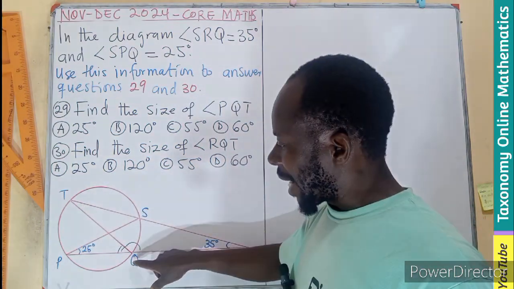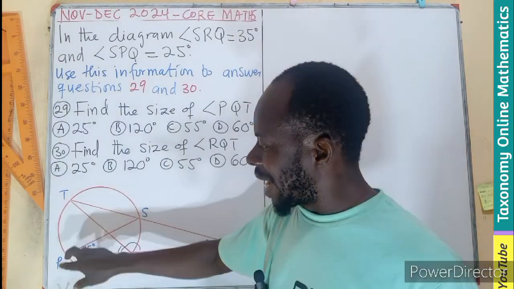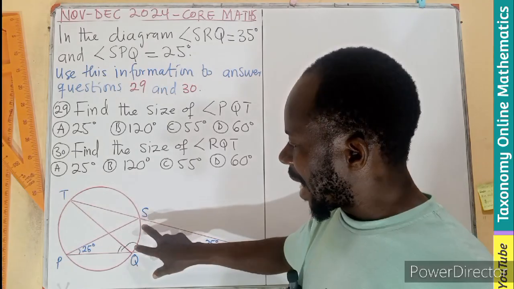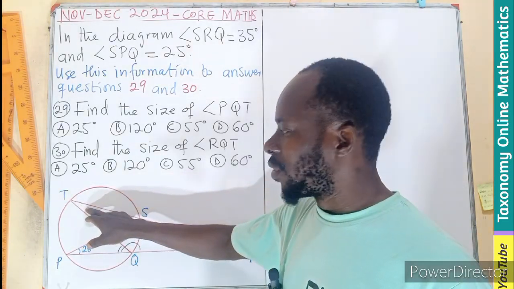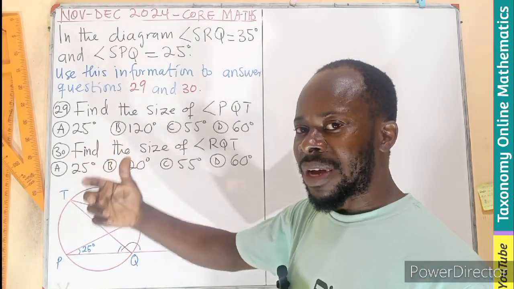Then if I look at the arc QS, this arc is the one that formed the angle 25 at P. The same arc is forming the angle that is unknown at T. Angles formed by the same arc at the circumference are the same.